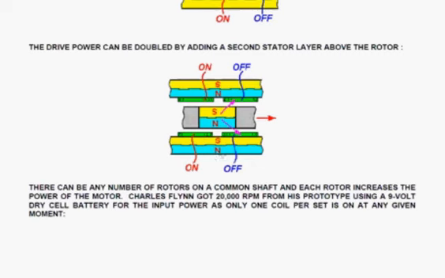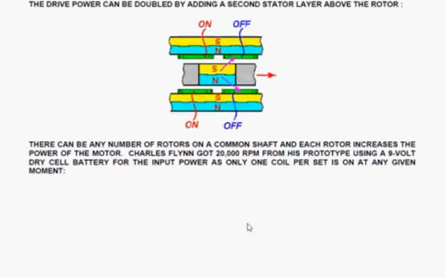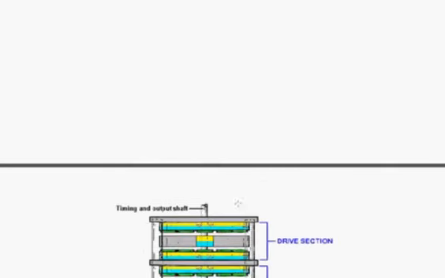Charles got 20,000 revs per minute from his prototype, and he was using a 9-volt dry cell battery for the input power to those coils. There's only one coil on at any given moment.